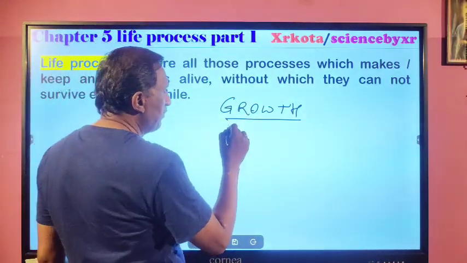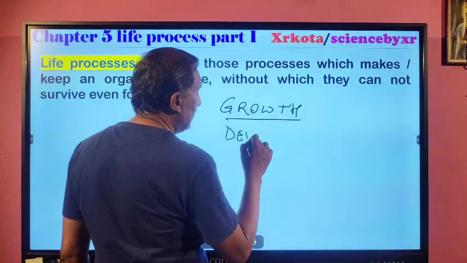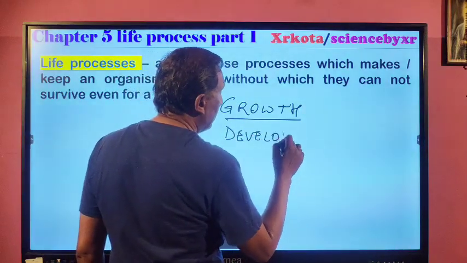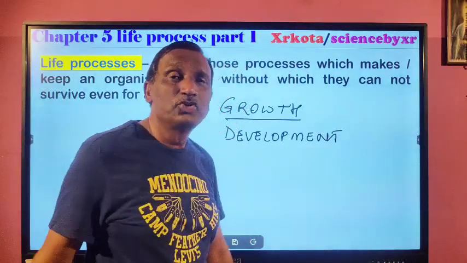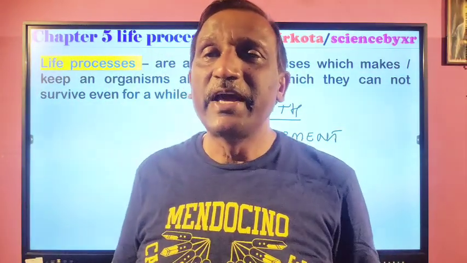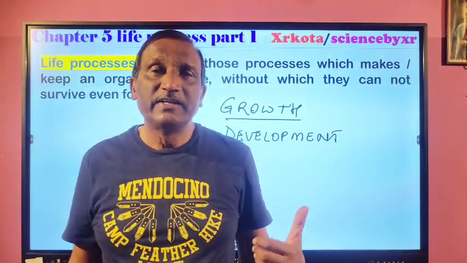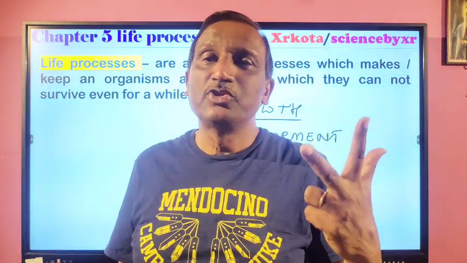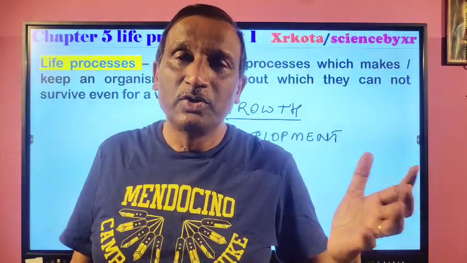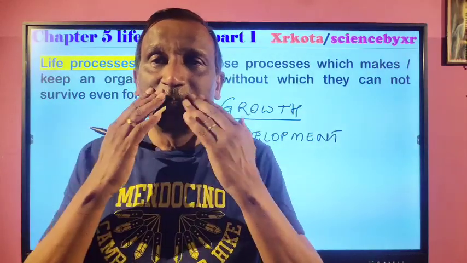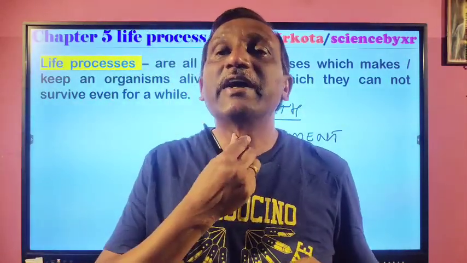Okay. The second important property which we see in the living beings is development. All living beings show development. Development means adding of something. What is added? New tissues, new organs, new systems, etc. Like when a child is attaining adulthood, if it is a man, he will develop a mustache, beard, Adam's apple, and all.